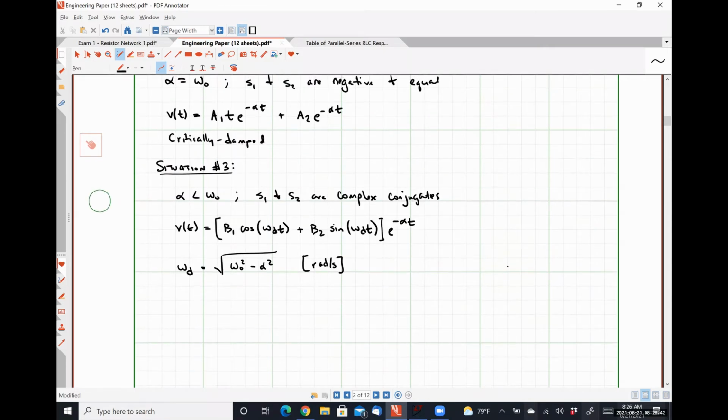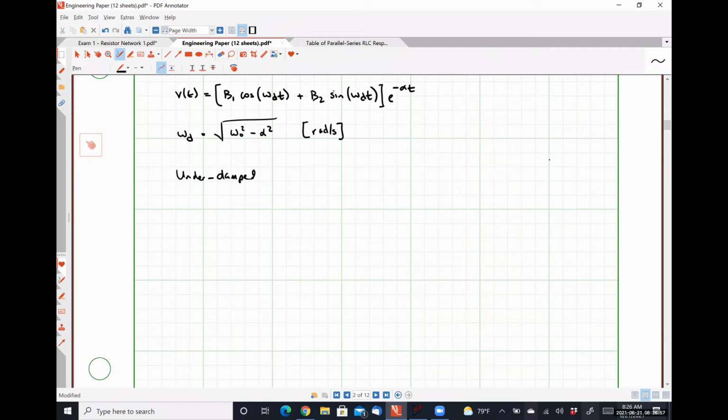A system in which alpha is less than omega naught is what is known as underdamped. And so it hits its final value very rapidly, but then it rings. So I'm going to draw probably a terrible graph, but it'll be okay.